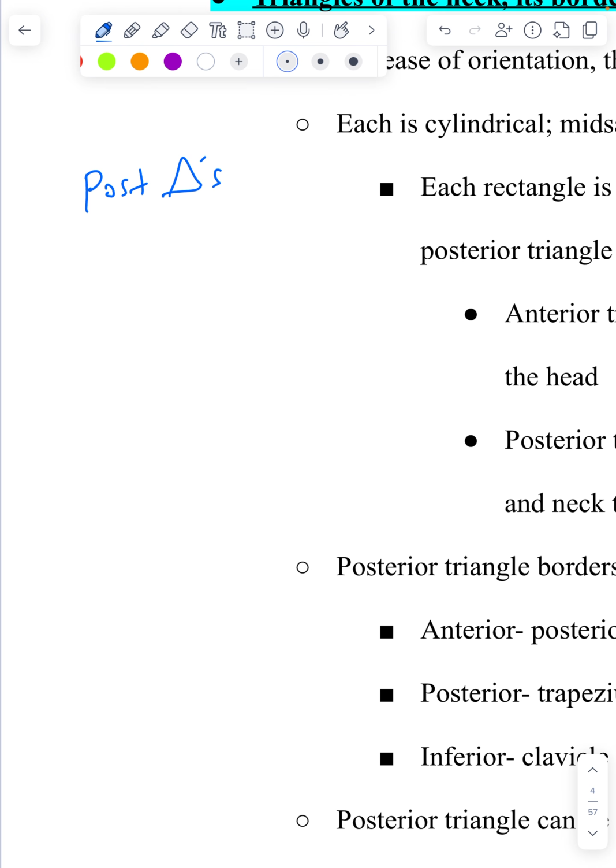if we use the back of the SCM, so the posterior border of SCM or sternocleidomastoid, and the anterior border of the traps, you really just need to remember SCM and traps, but I'll explain why it's posterior border, anterior border.